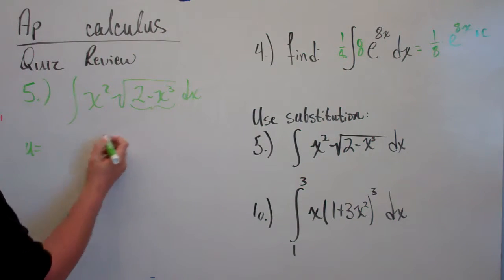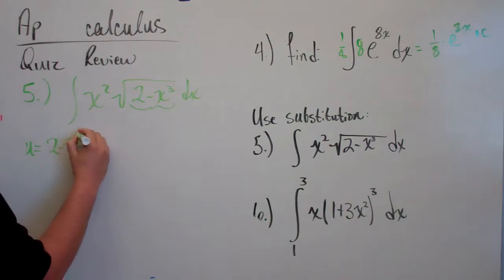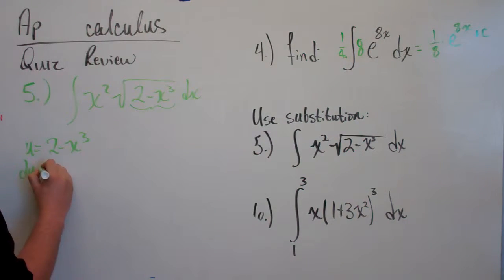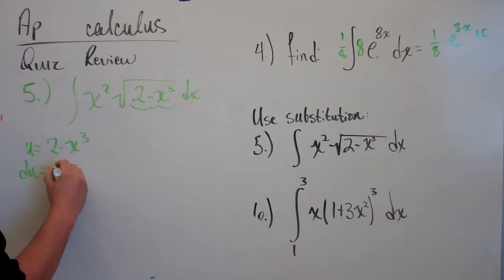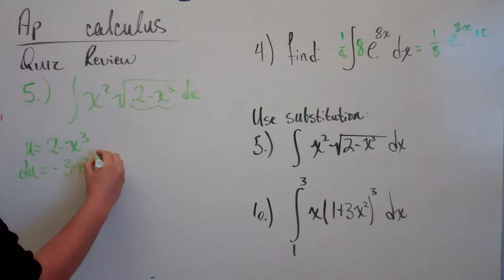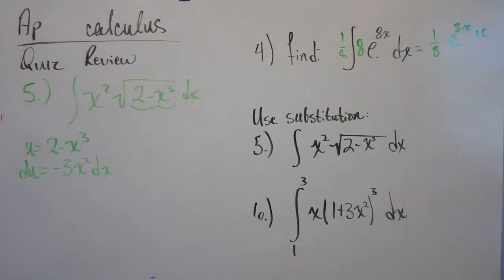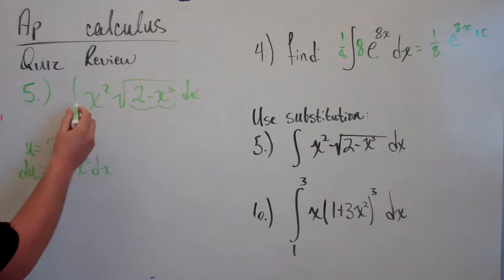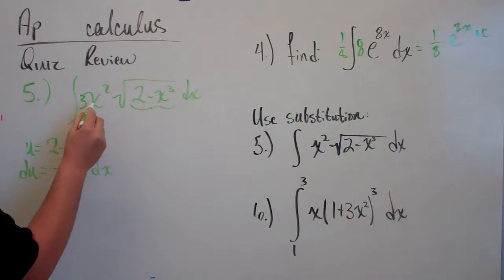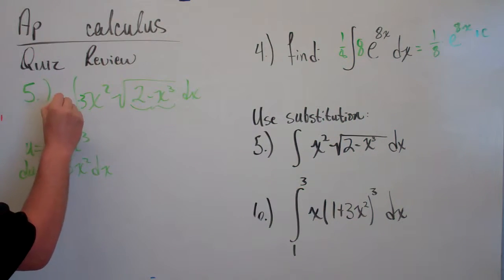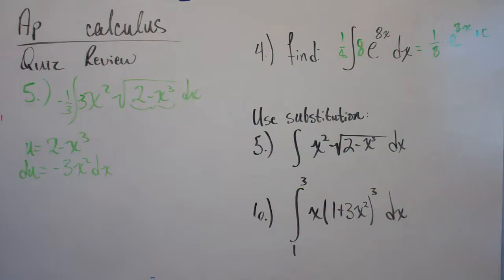Well, u would be this, 2 minus x cubed. Now, du is going to be negative 3x squared dx. So here we don't have the 3 in the problem, so we're going to need to put the 3 in. Actually, it's a negative 3.